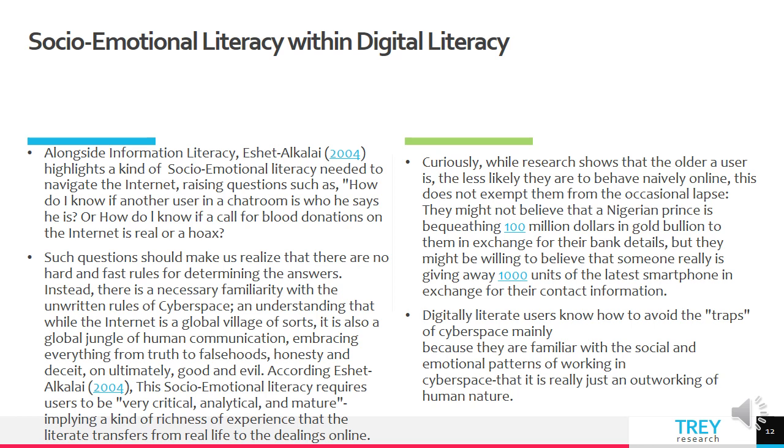According to Alkali, the socio-emotional literacy requires users to be very critical, analytical, and mature, implying a kind of richness of experience that the literate transfers from real life to the dealings online.